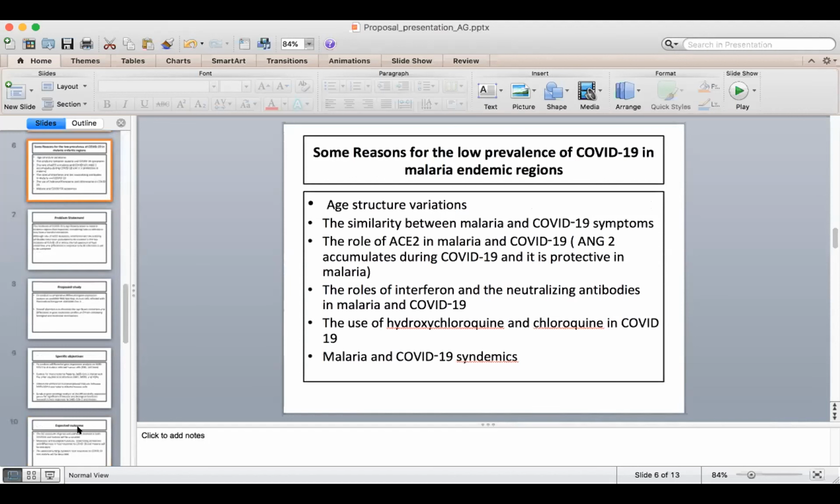Some of the reasons that have been assigned to the low prevalence of COVID-19 in malaria endemic regions are the age structure. COVID-19 is most prevalent in elderly people, and the age structure in Africa is more youthful than in the Western world.